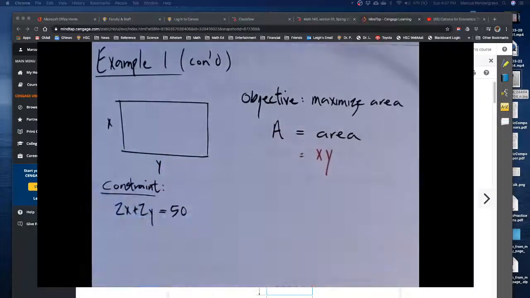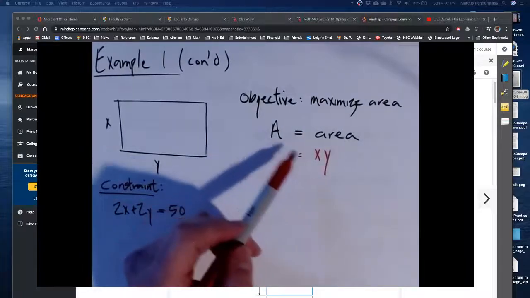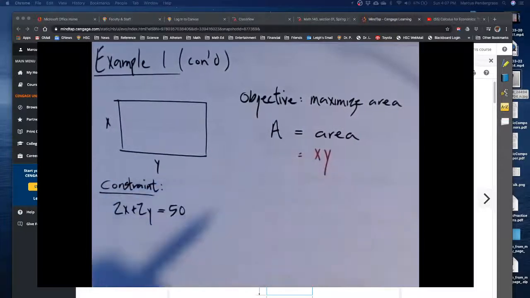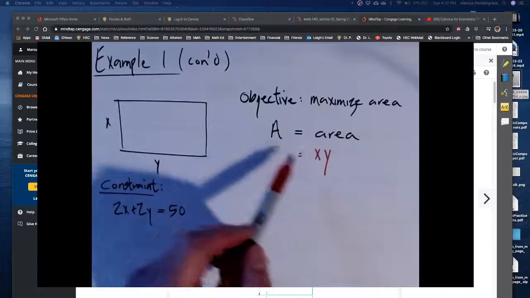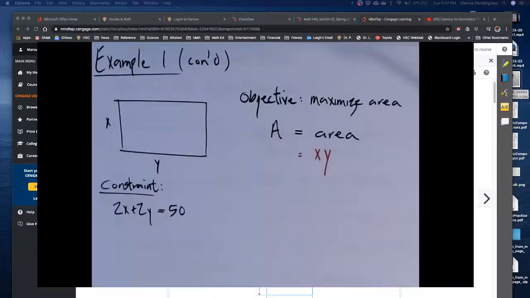We want to maximize the area, right? Well, the problem is this function is actually a function of two variables, x and y. And the calculus that we've done so far is all about functions of a single variable. We've only talked about, like, f of x equals x squared plus 3x. How do you find the maximum or minimum of that? We've got a function of two variables, so how can we apply those techniques here?